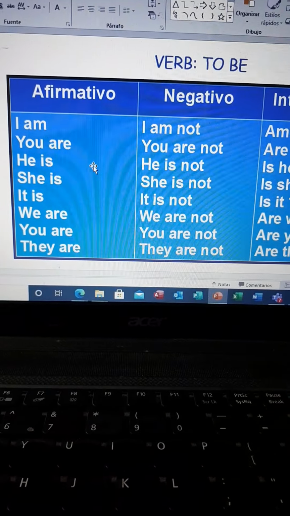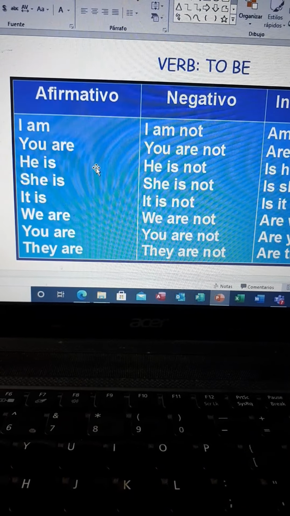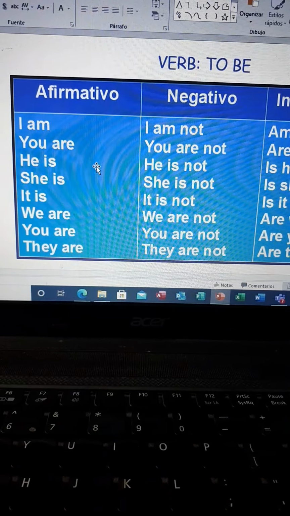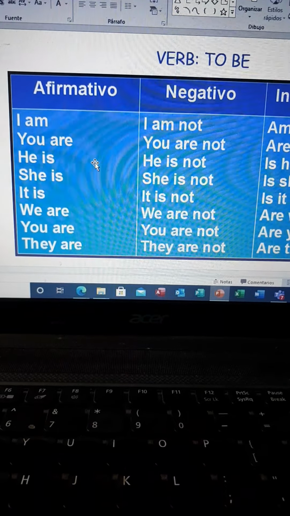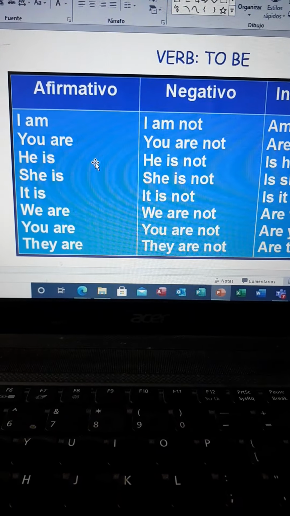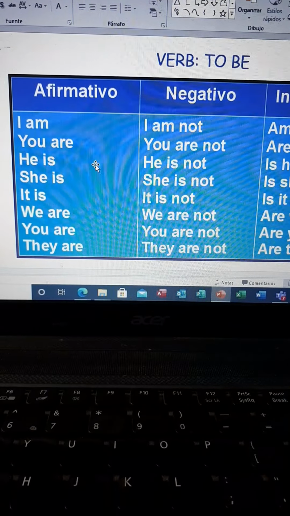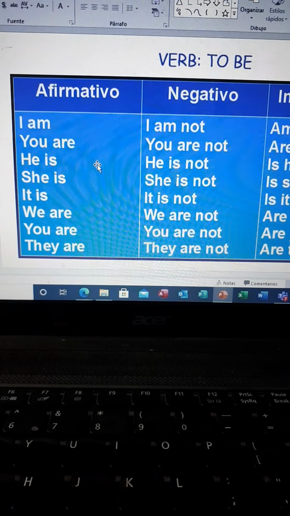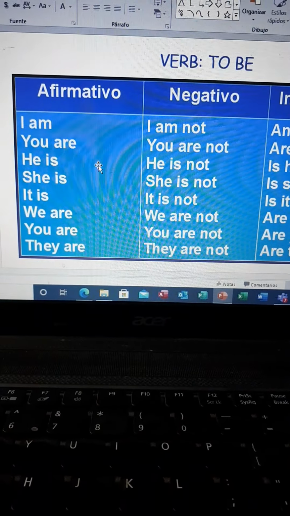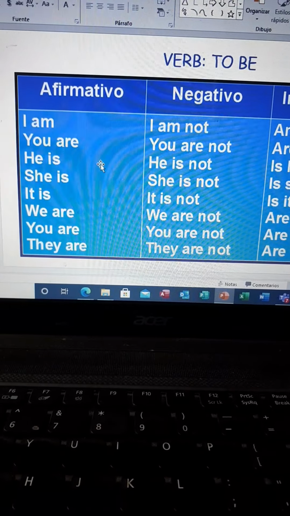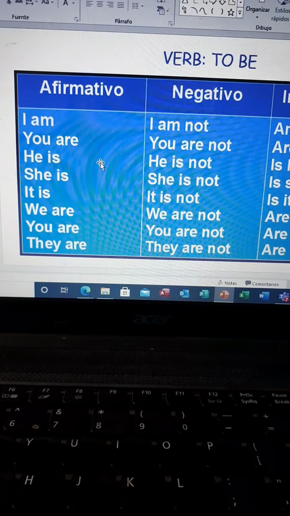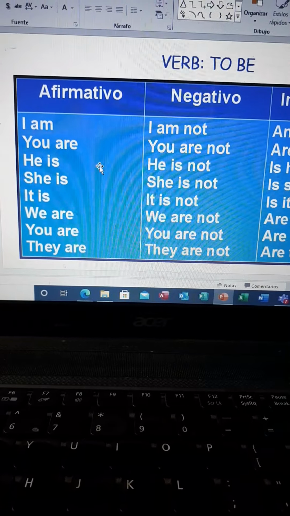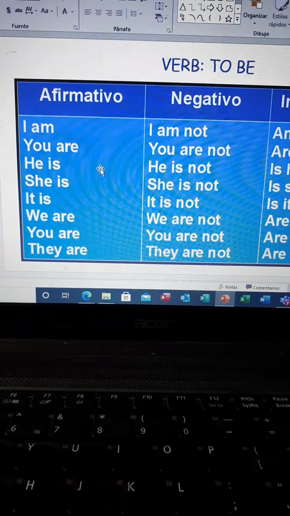Okay, it we're going to use it to refer to an animal, to a pet, to a thing, to a city. Okay, something that is not a human. Okay, it is wonderful, or it is color gray, etc. Okay, we is to refer to the plural form.